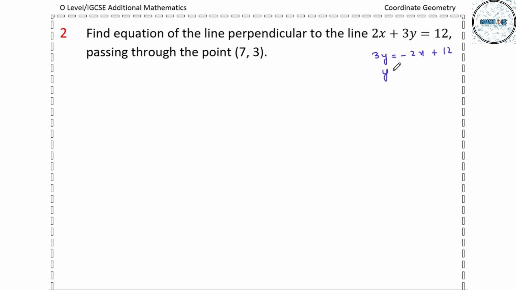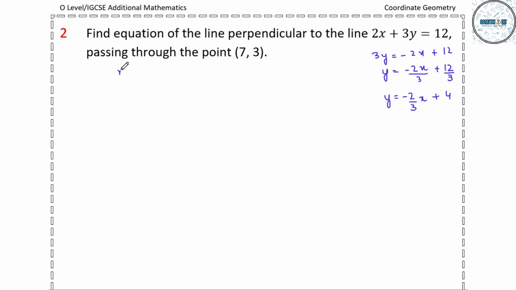Y is equal to minus 2x upon 3 plus 12 upon 3. We can write it as y is equal to minus 2 upon 3x plus 4. So minus 2 upon 3 is the gradient of this line.